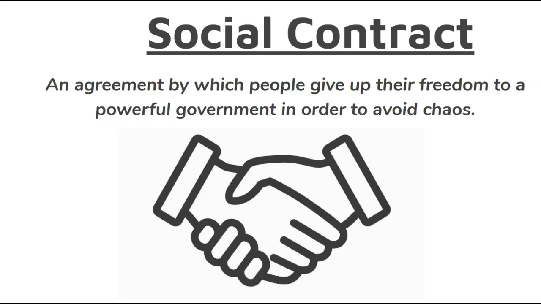So what is happening is the people, the citizens, are going to give up some of their freedoms, give up their state of nature where they're on their own, let government have that power with the goal that society and the country is not going to go into chaos. And if people don't give up their freedom and each individual person has unlimited freedom, then society will go crazy. Chaos is imminent.